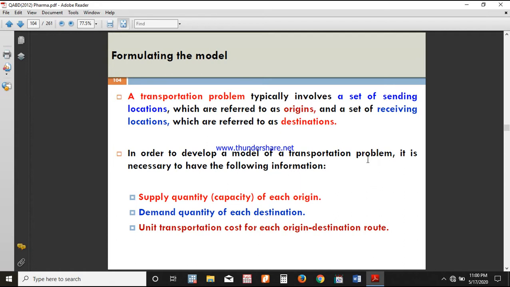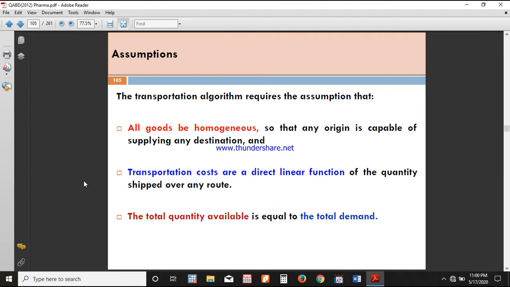In order to formulate a transportation model, there are 3 issues that you should bear in mind. The first is the supply quantity of each origin, and the demand quantity of each destination, with unit transportation costs.